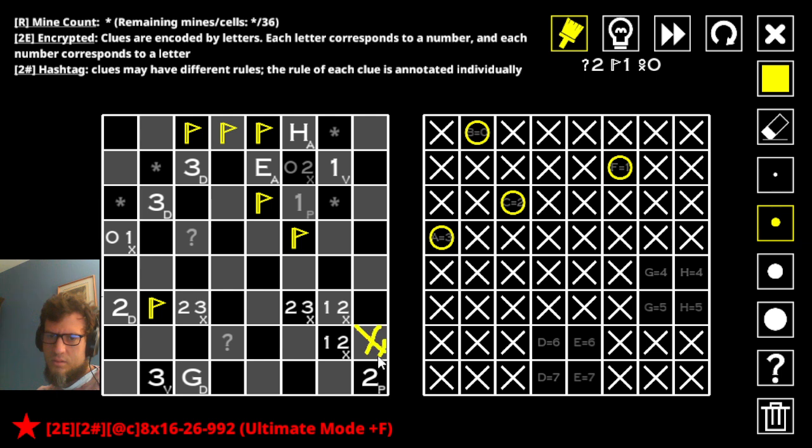Okay, how about this? Then this is gone. These are also gone, forcing this and that. And then these are all in, obviously.